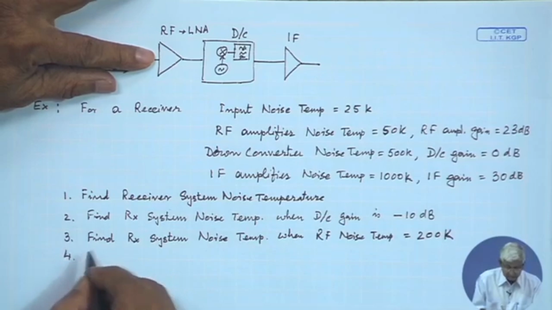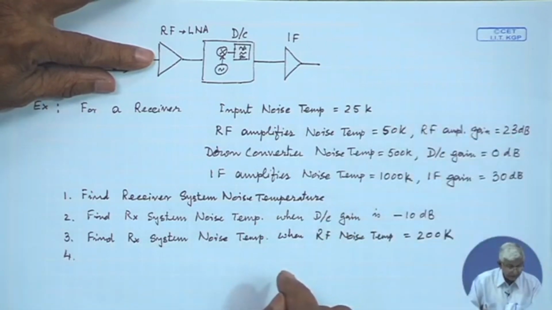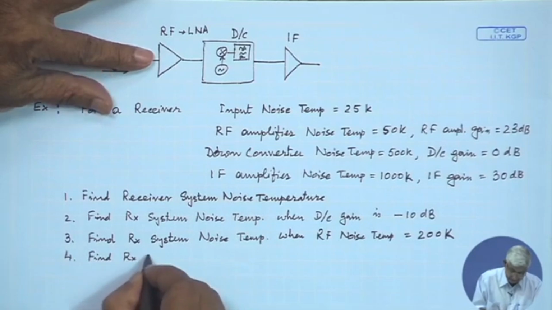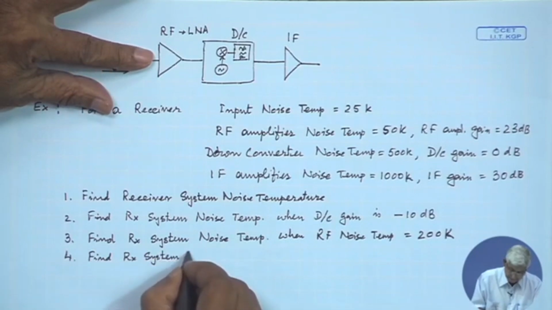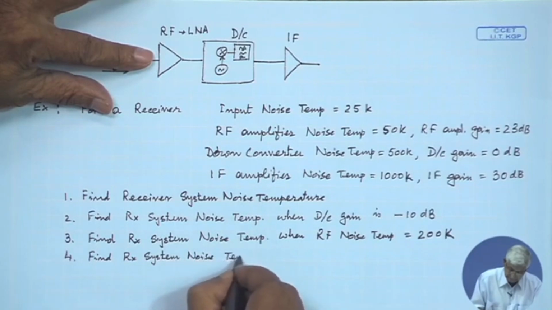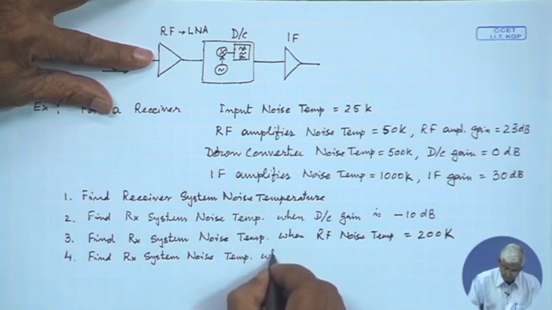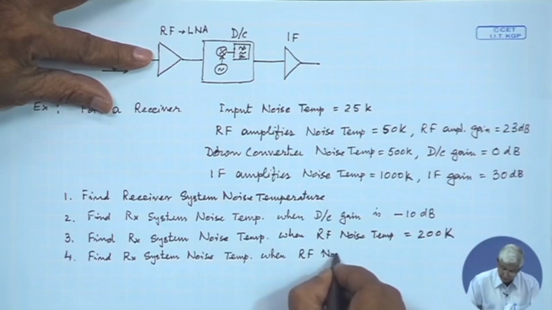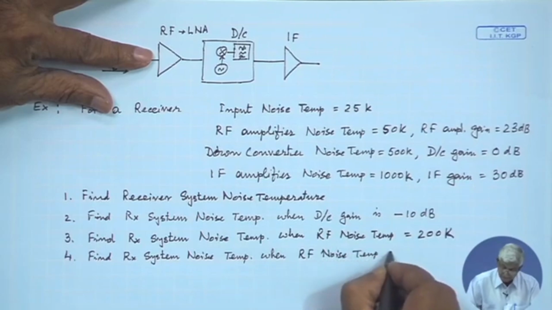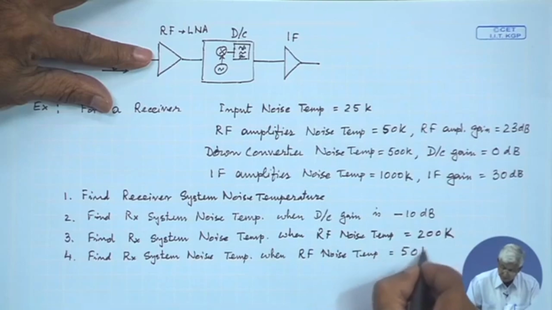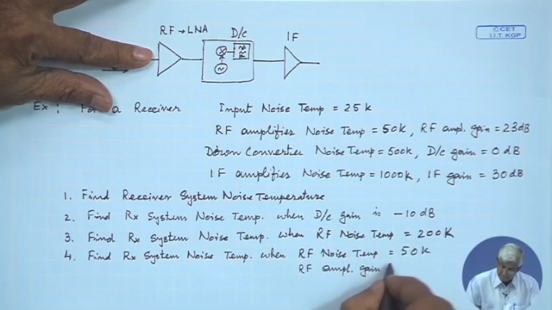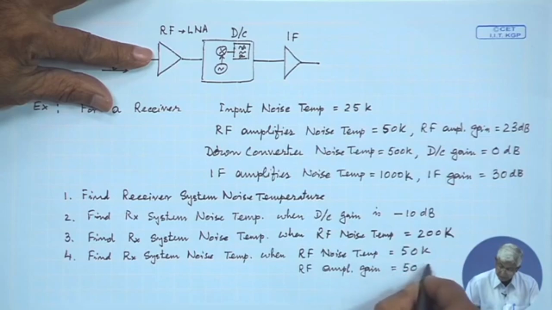And then let us go back to the RF noise temperature being the same. Find the receiver system noise temperature when the RF noise temperature is back at the 50 K value, and the RF amplifier gain is increased to 50 dB.